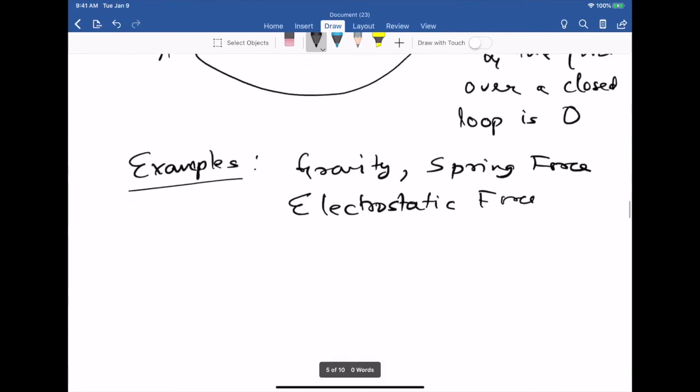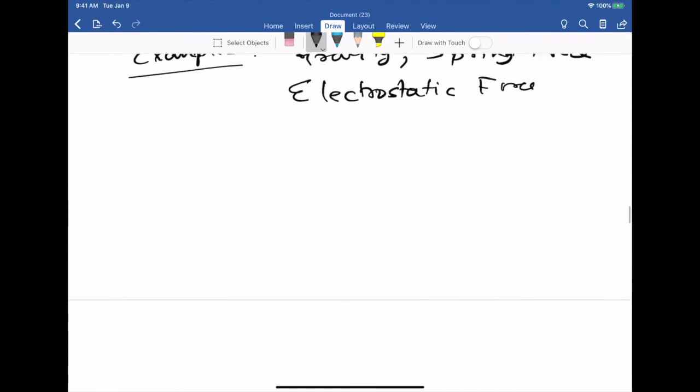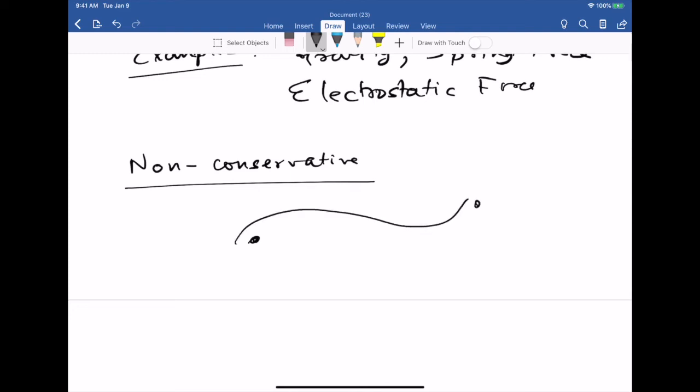Okay, so now that I've told you what a conservative force is, you can almost guess what a non-conservative force is. A non-conservative force is one in which the work done does depend on the path taken, right? So if you follow this path, or if you follow this path, you'll get different amounts of work.